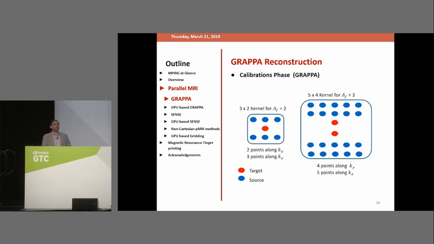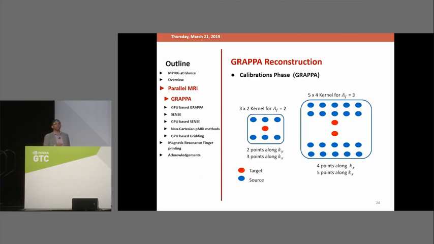One very important thing in GRAPPA reconstruction is the correct estimation of the weights, because those weight sets are what you use to estimate the missing points in the K-space. For that, we define kernels, and the kernel size could be different. It could be 3 by 2 or 5 by 4.